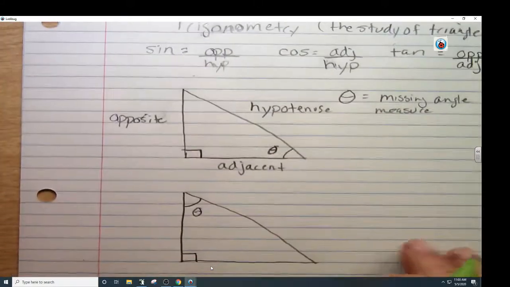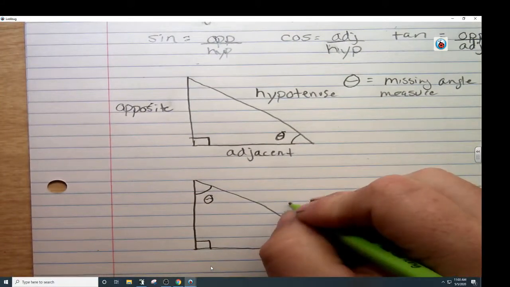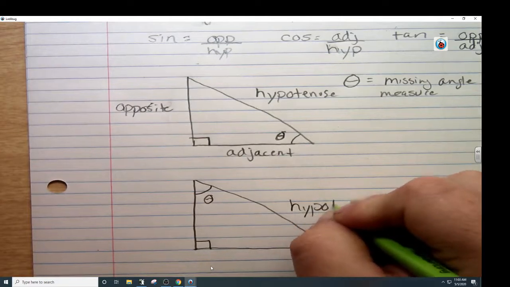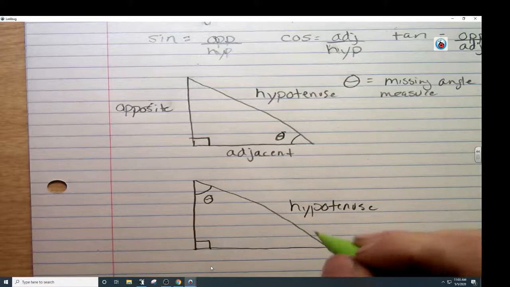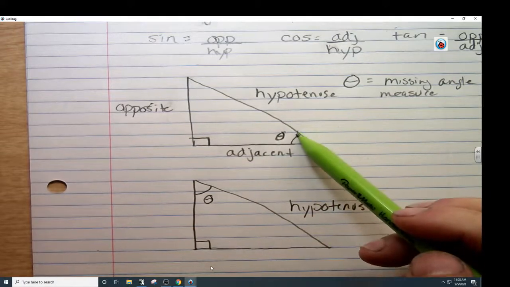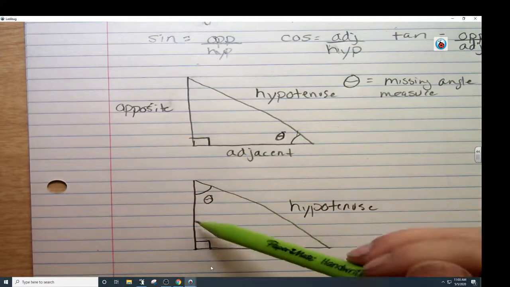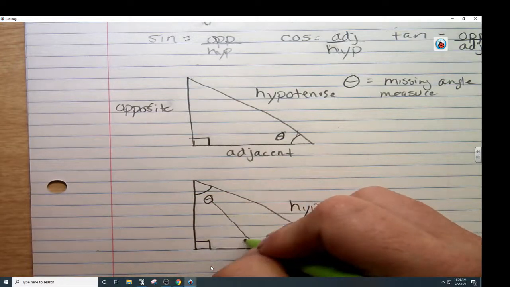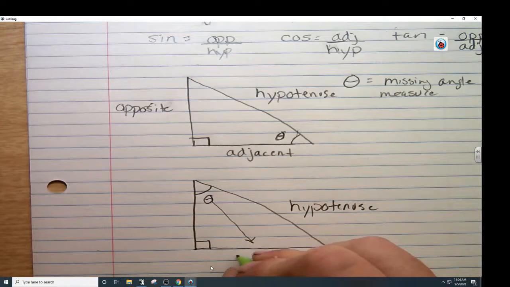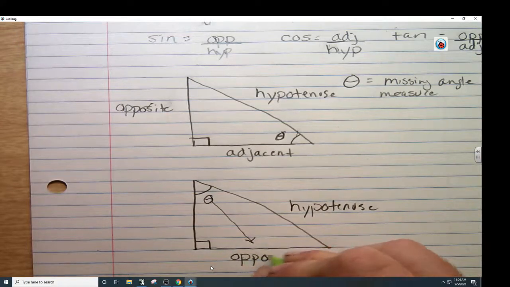The only thing that won't change is your hypotenuse. Your hypotenuse is here. In this example, the opposite side is the side that does not touch the given angle. That's the side opposite of your angle. That is the opposite side here.